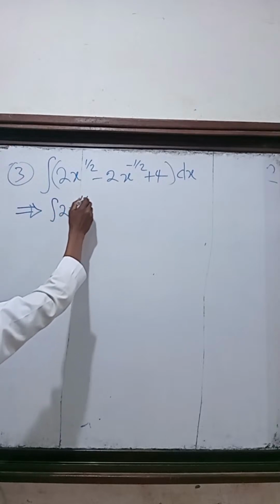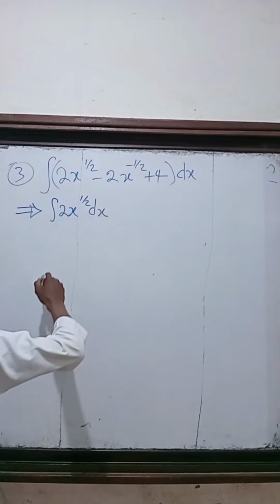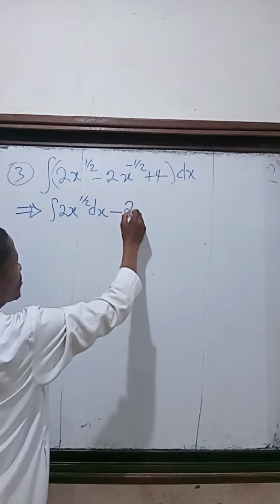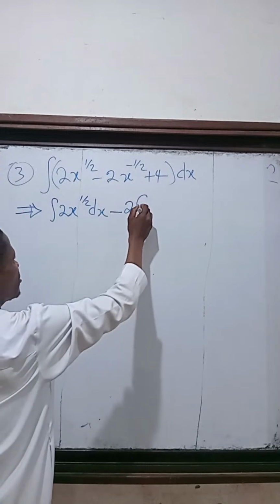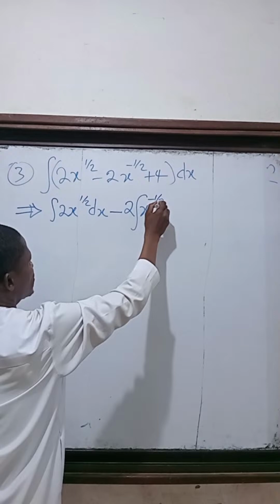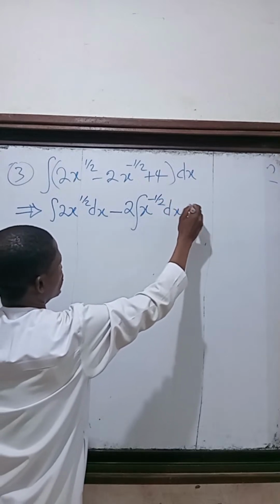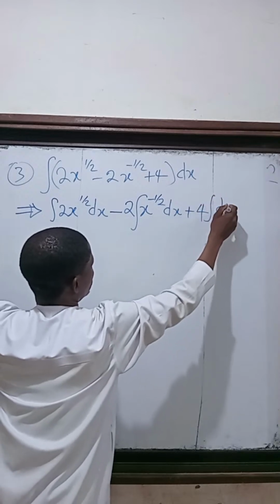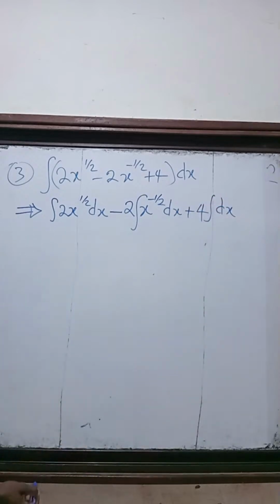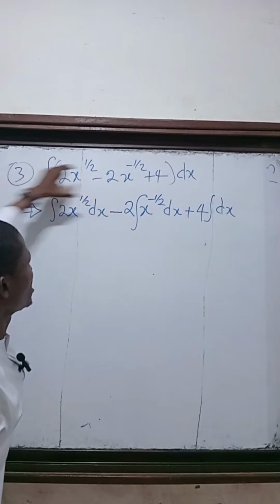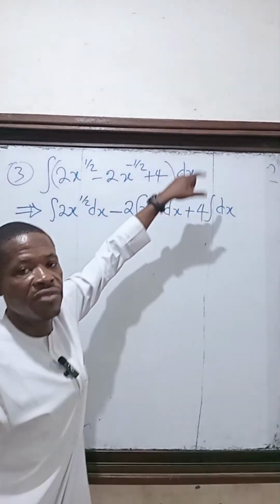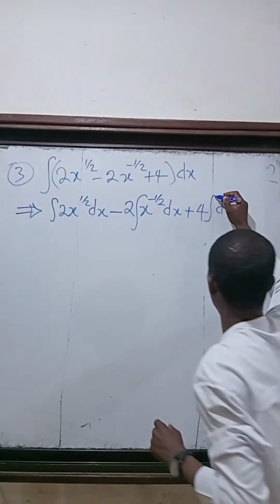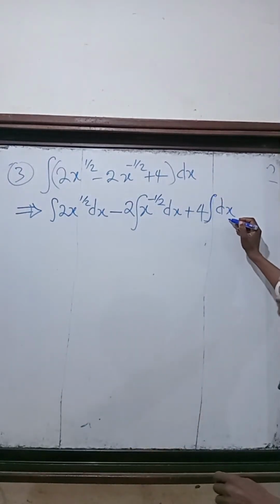Then minus 2, you can take it outside the integral, and that will be x to the power minus half dx, and then plus 4 integral of dx. As we are opening the brackets and the integral is coming in, each of them will have dx.